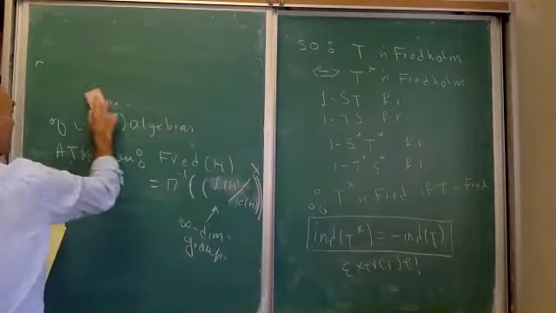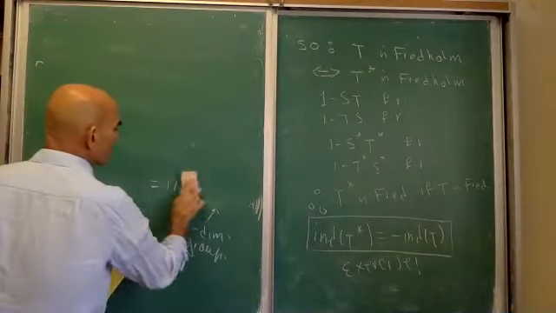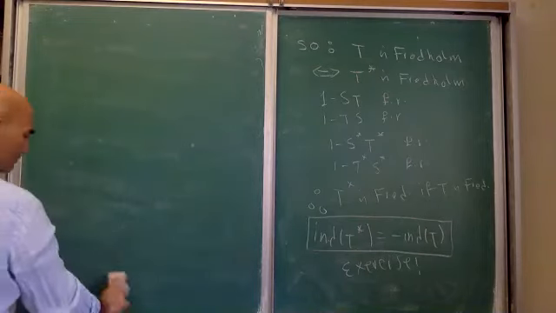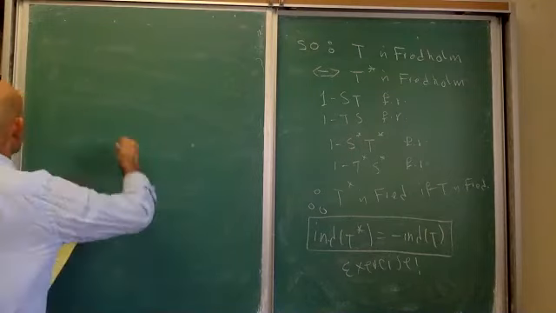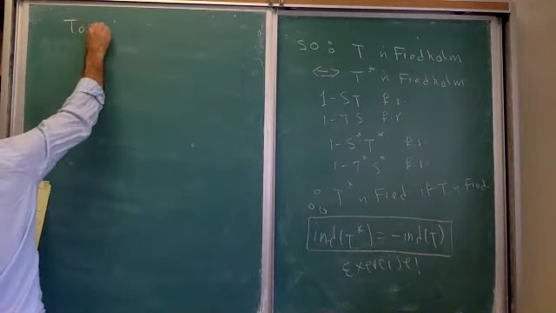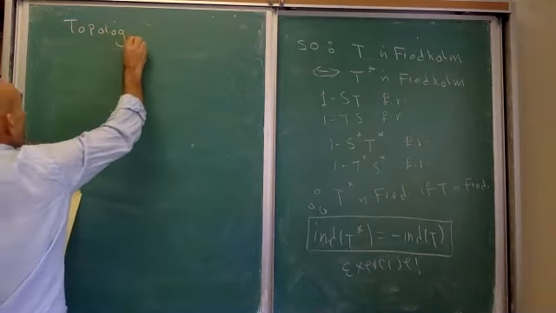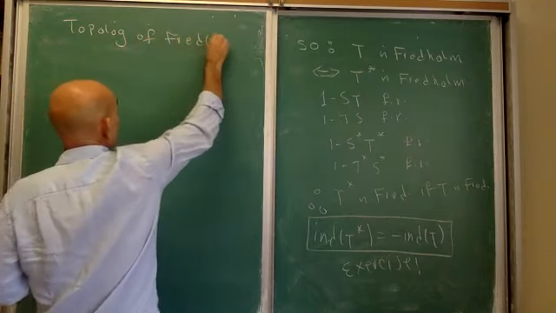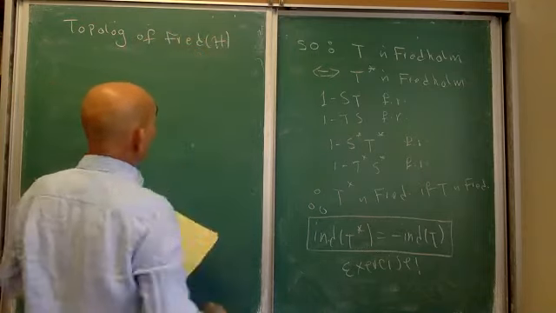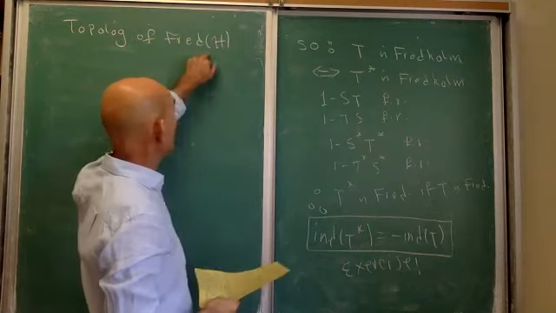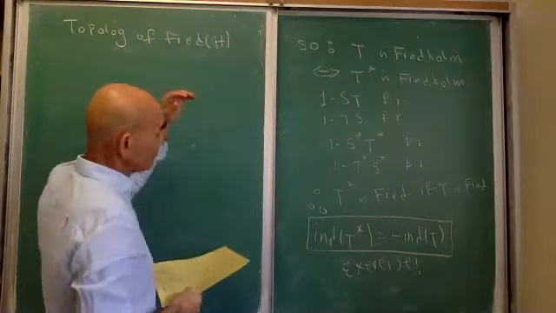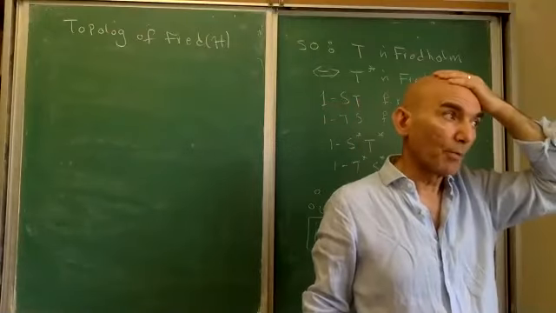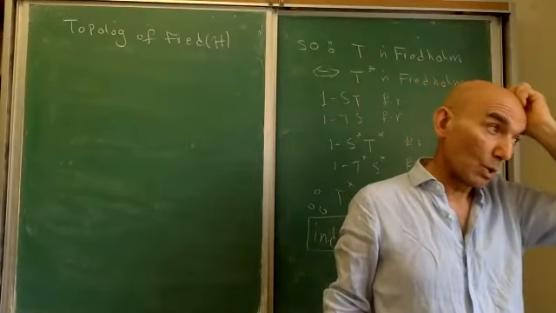So one of the first things, let me just write it like this: topology of Fred H. By Fred H, of course, we mean the space of Fredholm operators inside all bounded linear operators.